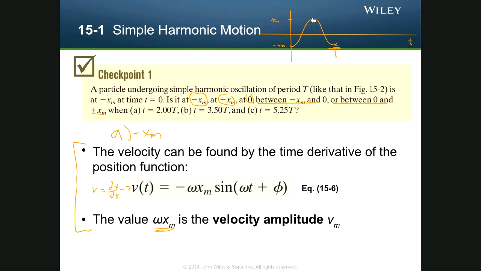Because it's periodic, 0.5T, 1.5T, 2.5T, and 3.5T will all occur at x equals the positive x_m. And you'll notice the quarter periods, both for 0.25 and 0.375, occur here.